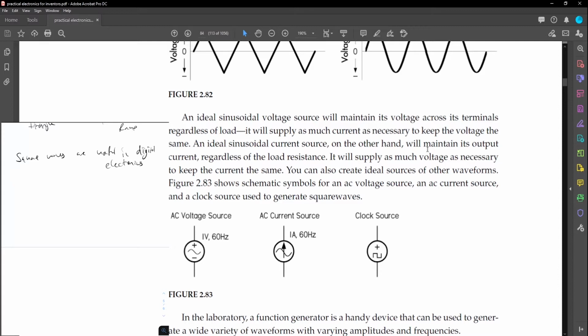So let's do this. An ideal sinusoidal voltage source, plus minus, will maintain its voltage across its terminals regardless of load.